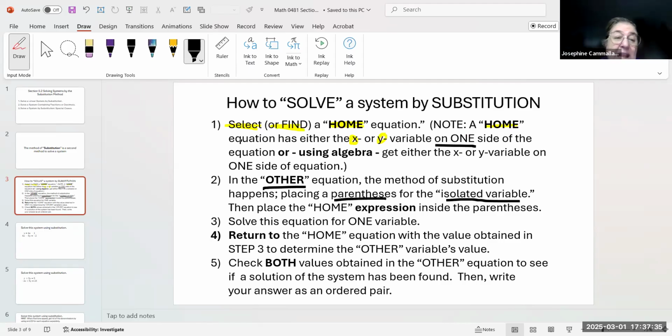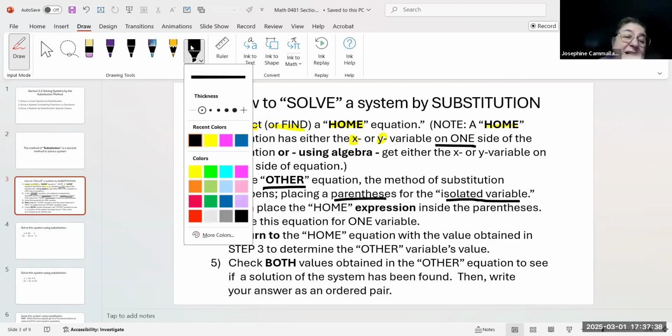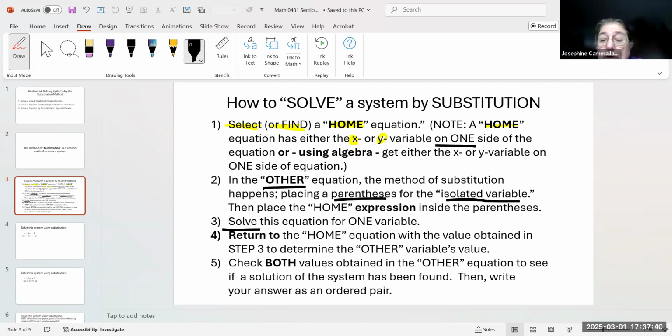Pretty straightforward. And then we're going to solve, because we're only going to have one variable, by the method of substitution. And then, this is the catch, we are going to return home to find the missing variable, because there's two variables here. And then, this is up to you. You want to check both values in the other equation. And then you write your answer as an ordered pair.